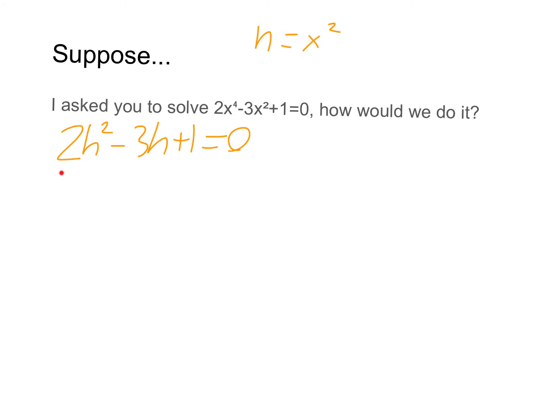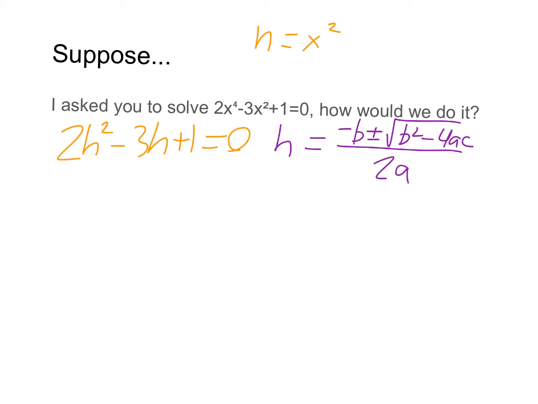Since I've now put it into a quadratic form, I can use my quadratic formula to solve this out, such that h is going to be equal to negative b plus or minus the square root of b squared minus 4ac all over 2a.